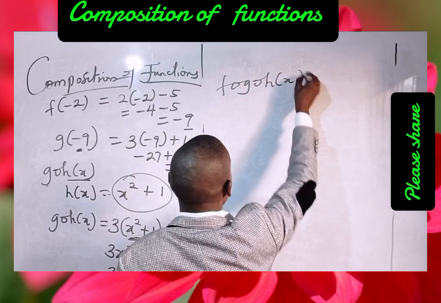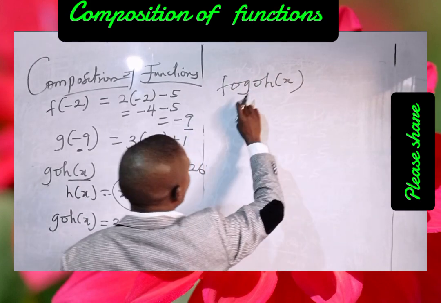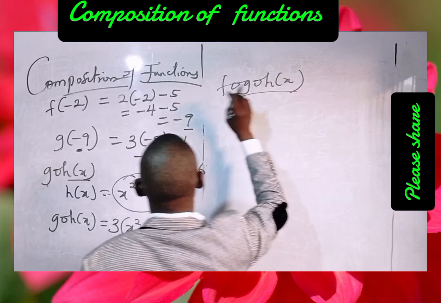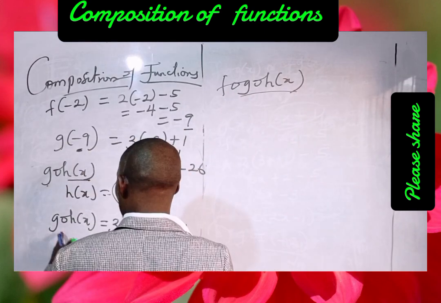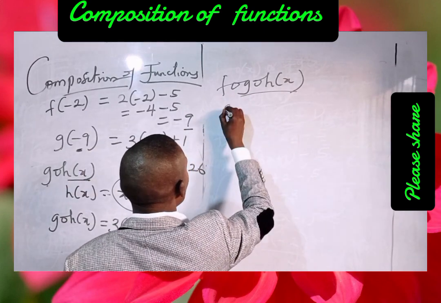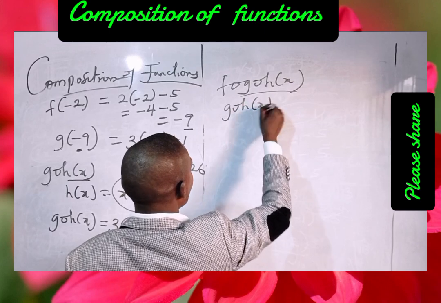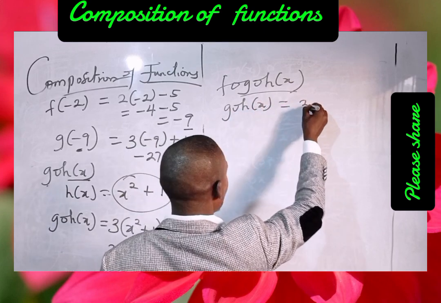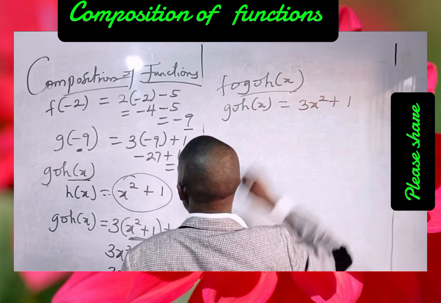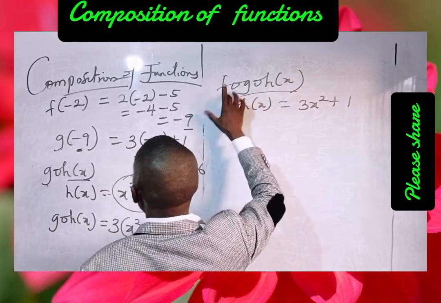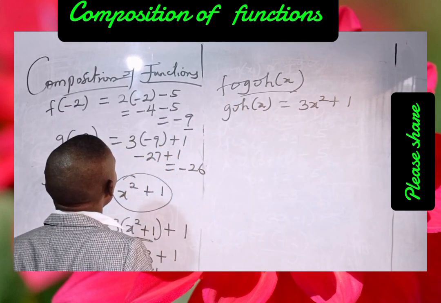Now f of g of h of x. So we put g of h of x in f. Now what is g of h of x? 3x squared plus 4. So we put it in f. Now what is f?